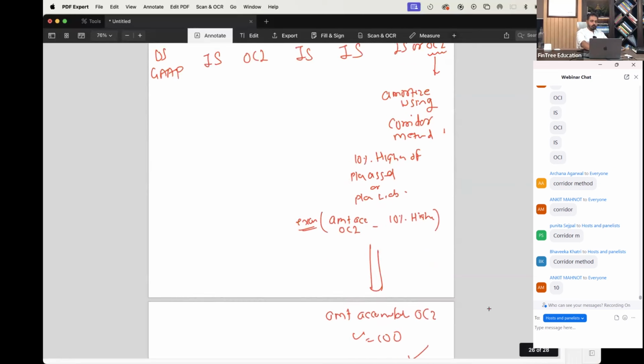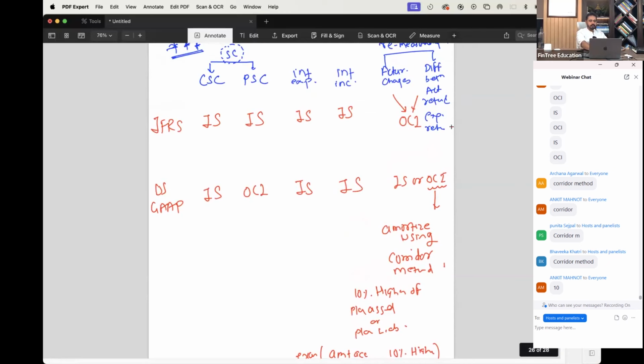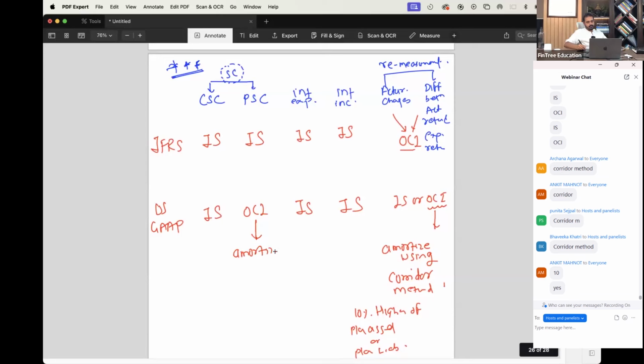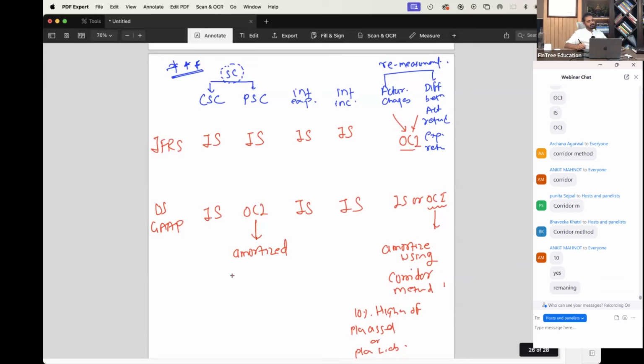Okay. Then what do we do in IFRS? Do we amortize? No. This remains there. But how about this OCI? Is this amortized? Yes. Is this amortized using corridor method? No. Then how? Amortize directly over remaining service life.